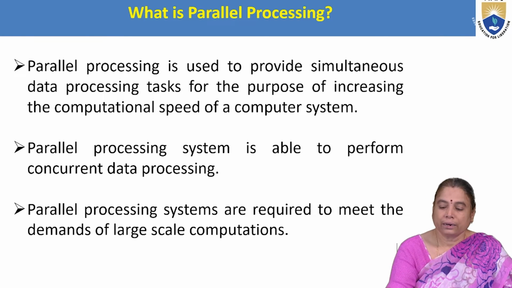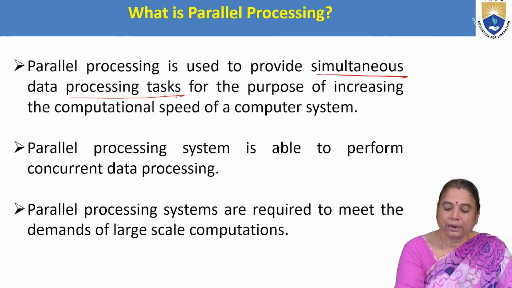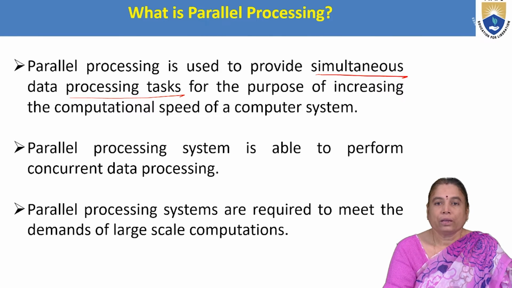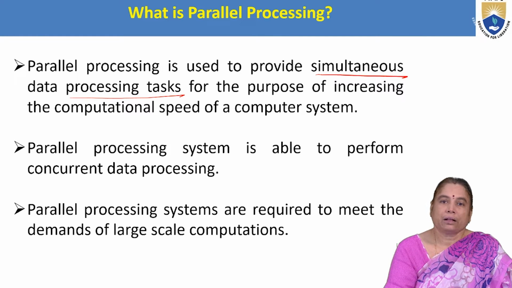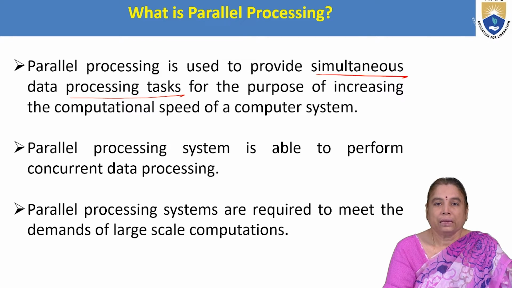The major characteristic of parallel processing is simultaneous data processing task execution. In multitasking systems, more than one task can be executed by the computer at a time. To support multi-user and computationally intensive applications, parallel processing is required.